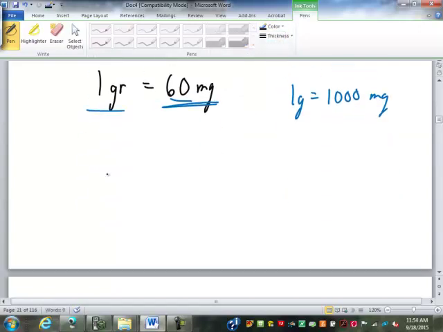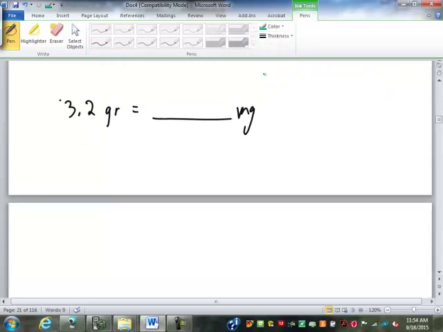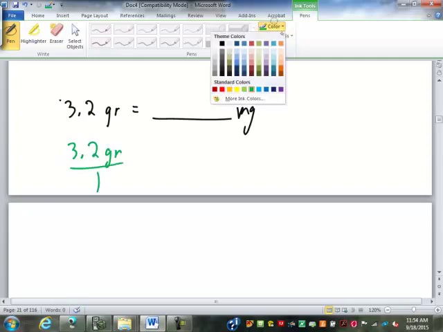So if I have something that is prescribed as 3.2 grains, and I want to know how many milligrams that's going to be, how am I going to convert that? It's 3.2 grains over 1.